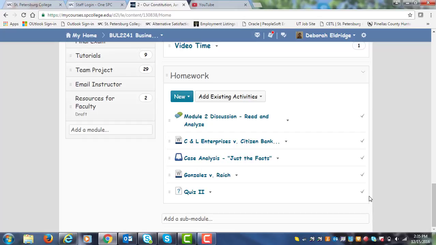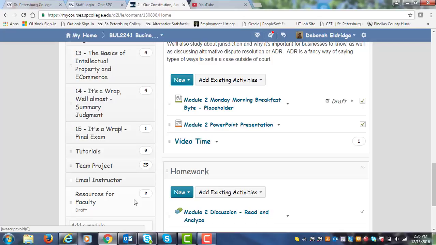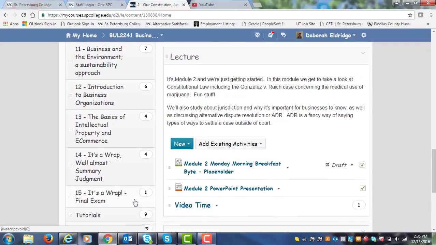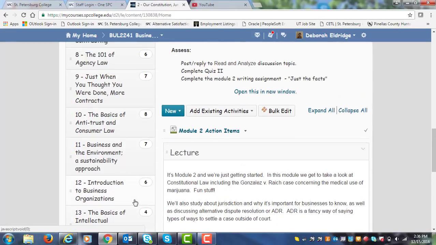The Gonzalez versus Raich case is a medical marijuana case and concerns whether the government basically has a right to take that medical marijuana that they did in that particular case. So pay attention to those facts, take a look at the case, and then you're also going to complete quiz 2. So a lot of things to do on your radar this week. Make sure that you allot your time accordingly so you don't fall behind and you're able to get everything done.